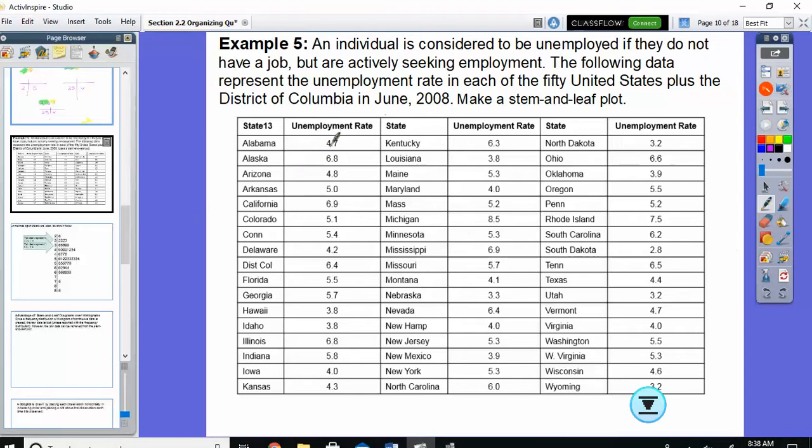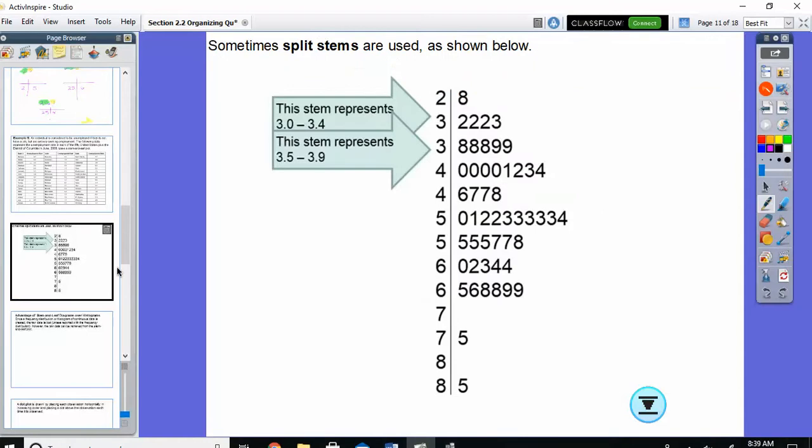So your stem is going to be like the whole number, okay, the 4, 6, 8, but you'll notice we have a lot of these, 4.7, 4.8, 4.0, 4.3. Sometimes if you have a lot of points, you can make what's called a split stem. I didn't specify.